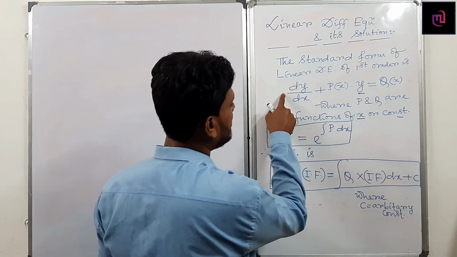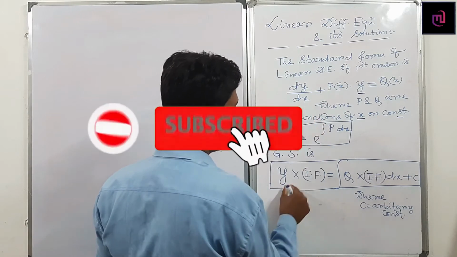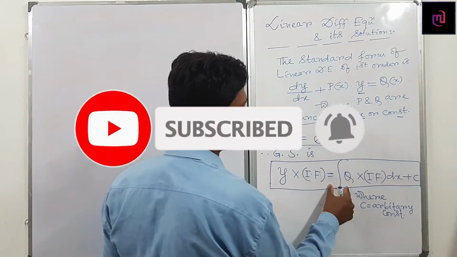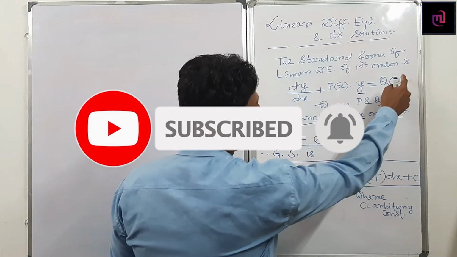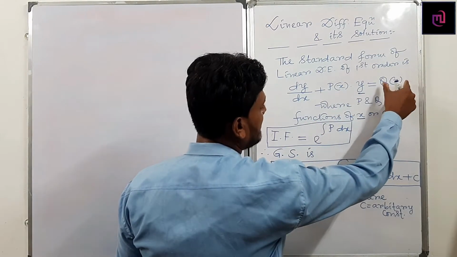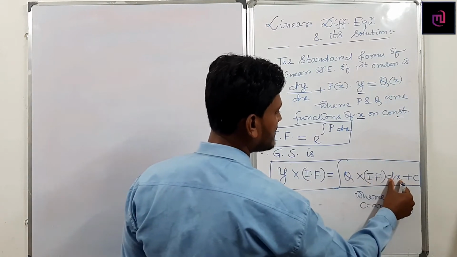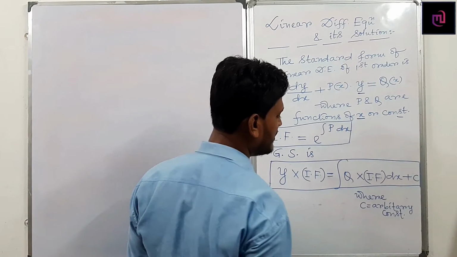Who is the dependent variable in this equation? Y is the dependent variable and x is the independent variable. So y into integrating factor equals to integration of q, that means right hand side. Whatever the linear differential equation is given, the right hand side it becomes q. So q into integrating factor into dx plus some arbitrary constant or integrating constant.